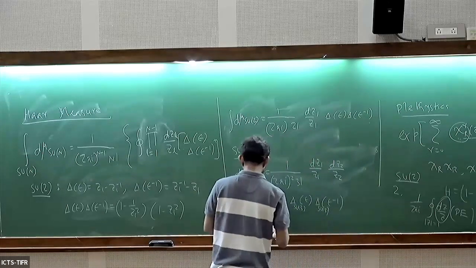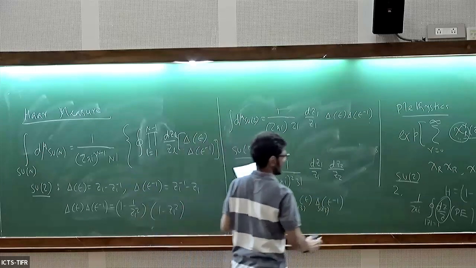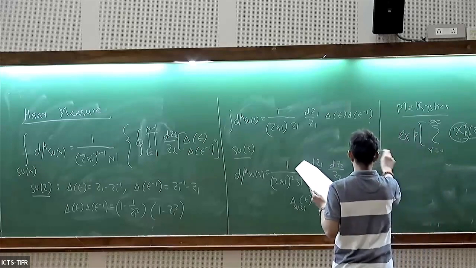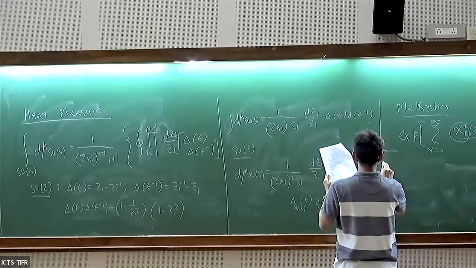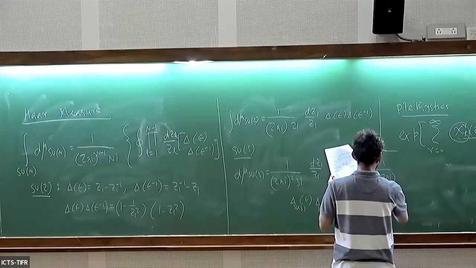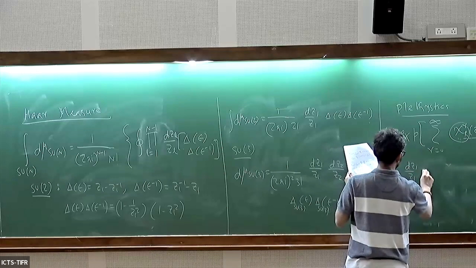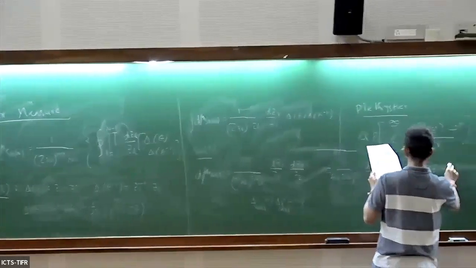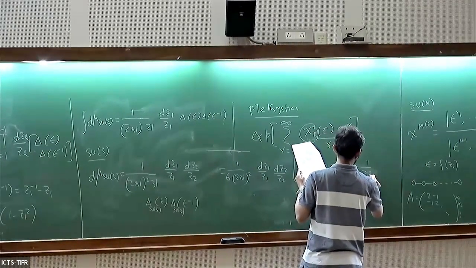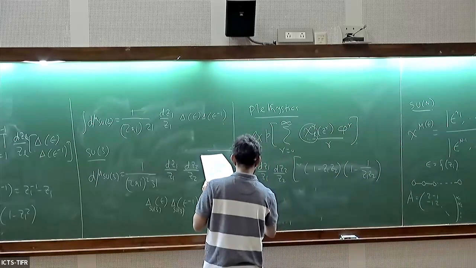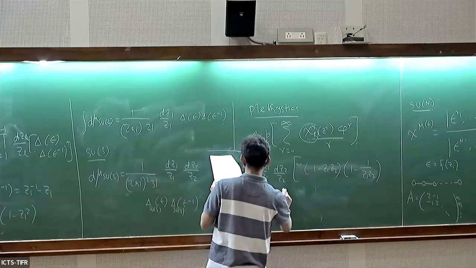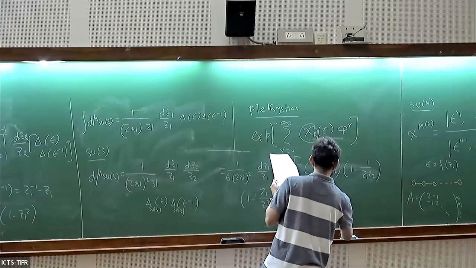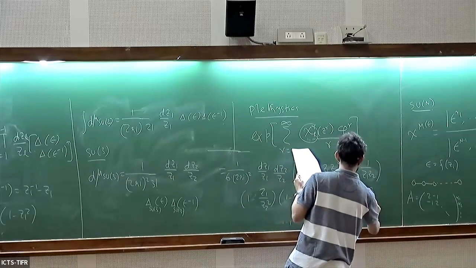You check that this quantity is actually 1 by 6 times 1 by (2 pi i) whole square, dz1 by z1, dz2 by z2, (1 minus z1 z2), (1 minus 1 by z1 z2), (1 minus z1 by z2 squared), (1 minus z2 squared by z1), (1 minus z2 by z1 squared), (1 minus z1 squared by z2).